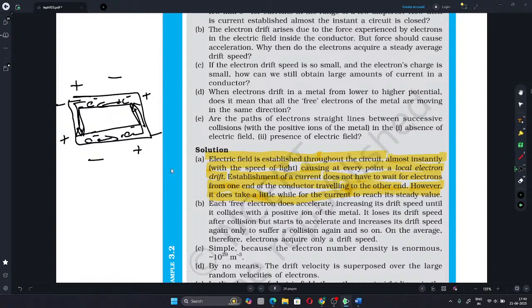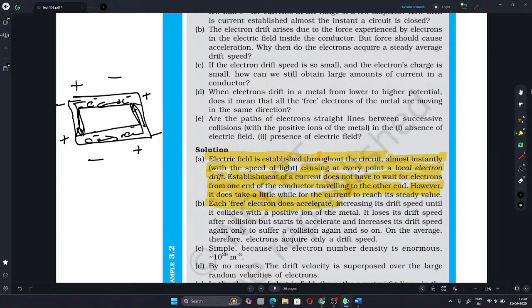Every electron in every part of the conductor will experience an electric field, wherever it is. Due to that reason, all the electrons will have a drift velocity almost at the same time. Due to this, the current is almost instantaneous.